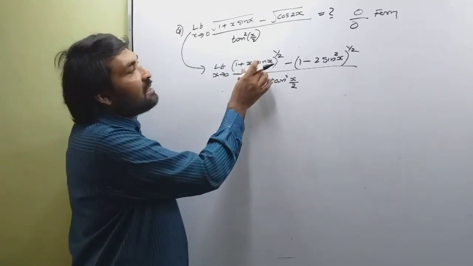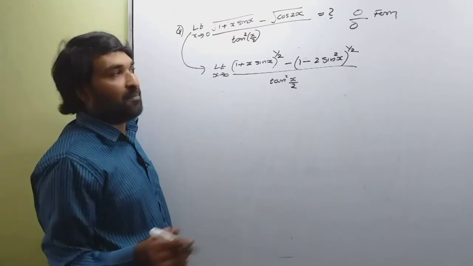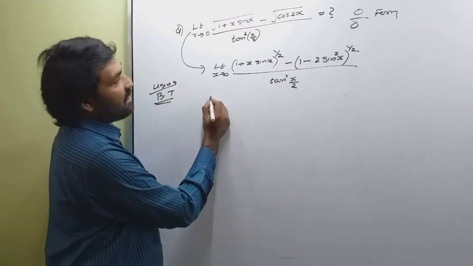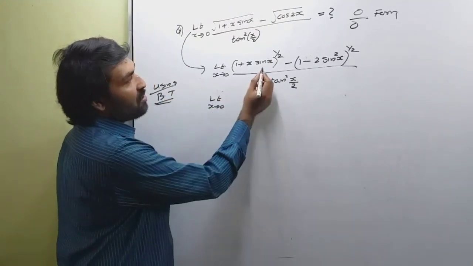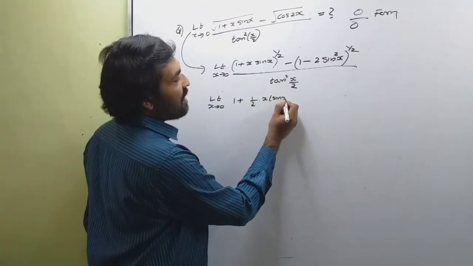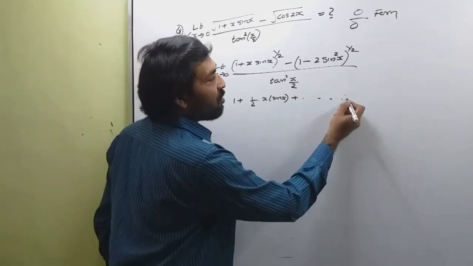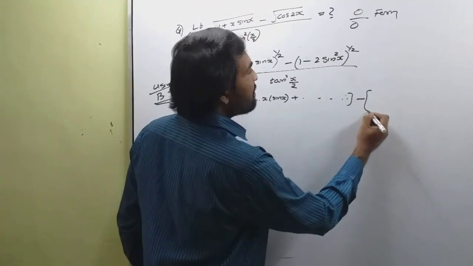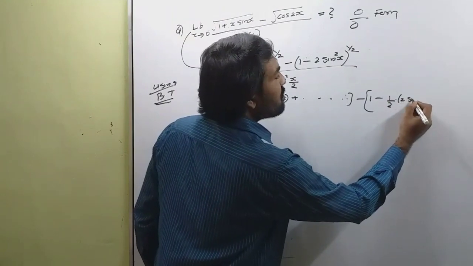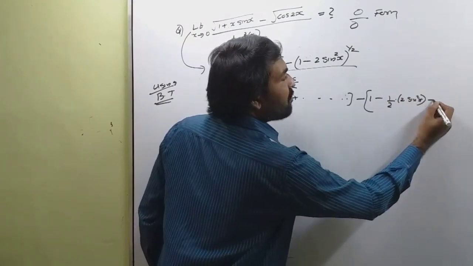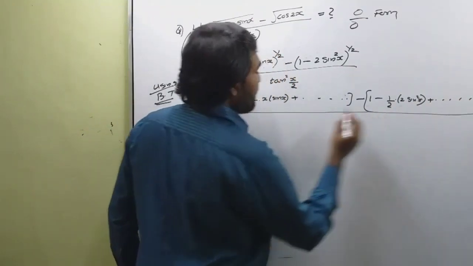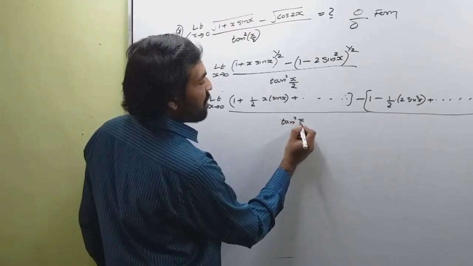We can expand these two terms by using the binomial theorem. So using the binomial theorem, limit x tends to 0, this expression becomes 1 plus 1/2 into x sin x plus the higher order terms, minus this term, which becomes 1 minus 1/2 into 2 sin²x plus all the higher terms, whole divided by tan²(x/2).